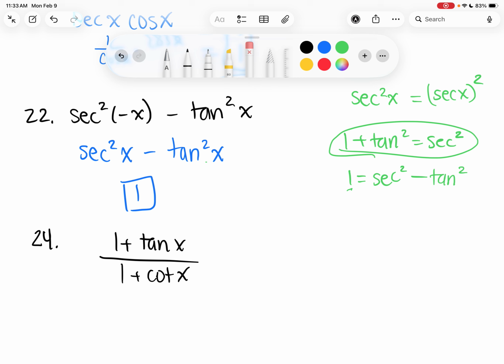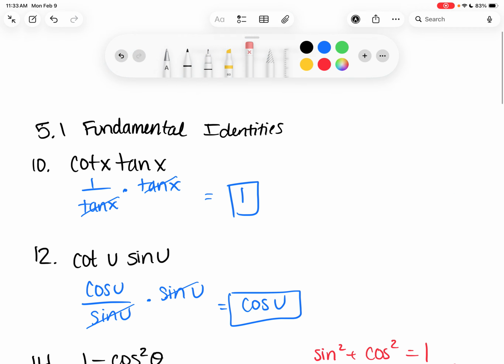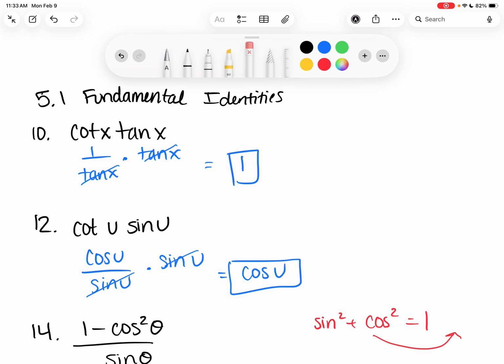A lot of times with tangent and cotangent, the better option is to rewrite in terms of sine and cosine. So I would typically start there unless I see what we had all the way back up here, where I had cotangent times tangent. Obviously, it makes the most sense to rewrite cotangent as 1 over tangent.